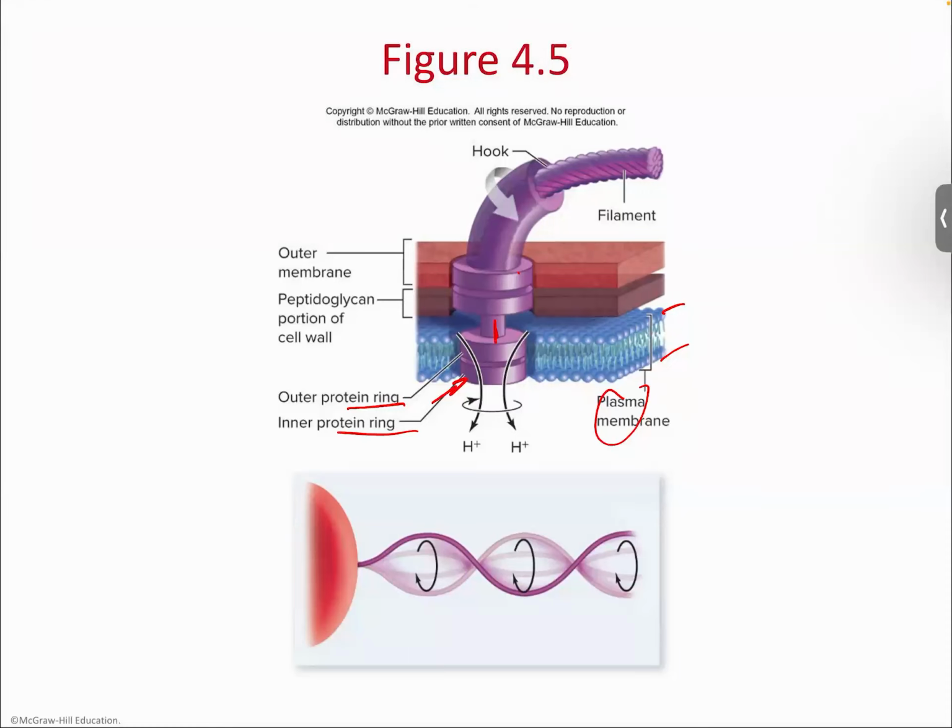And then you're going to have another set of rings embedded in the peptidoglycan wall, which is this region here. And then in the outer wall, there's a little bit more than just peptidoglycan. There's another outer external layer of the wall complex, if you will, and you have an outer ring embedded in that area. So this whole thing together is kind of like the wall complex.